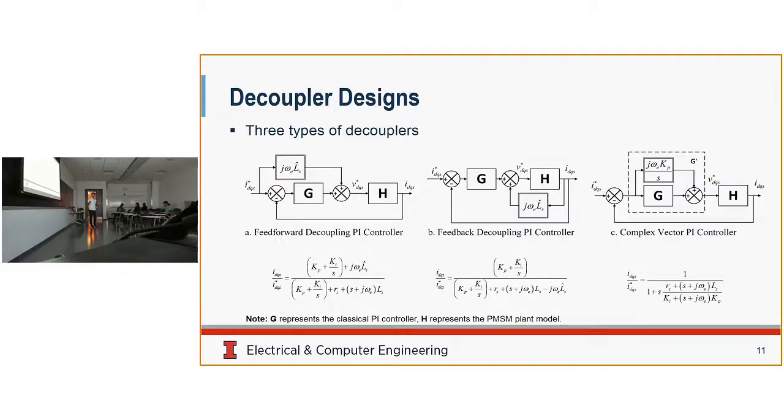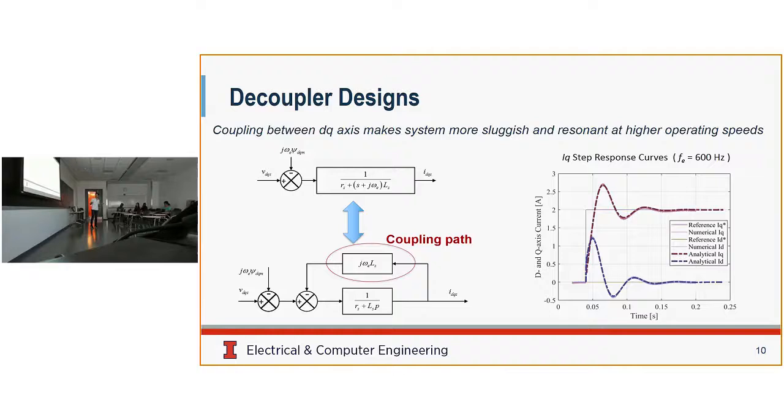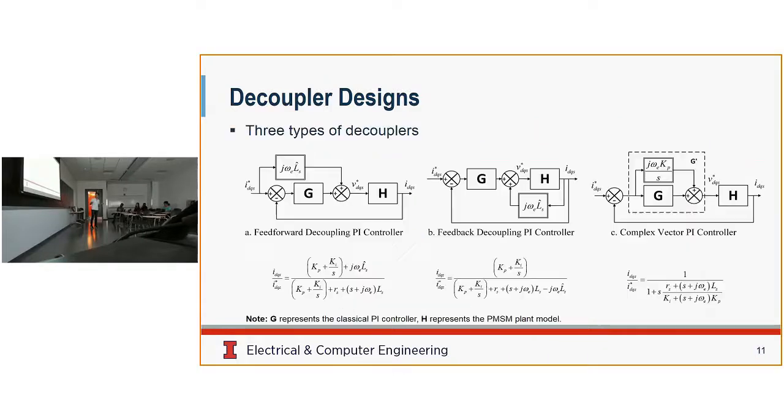So there are three types of decouplers that we can utilize. One is called a feed-forward decoupling PI controller. In this one, we use the reference current, multiply it with this reactance factor and add it here, so as to cancel this coupling path.